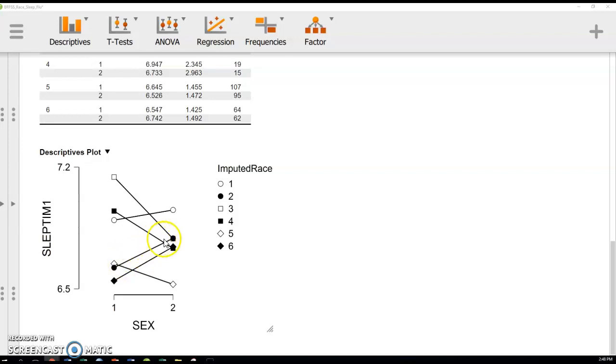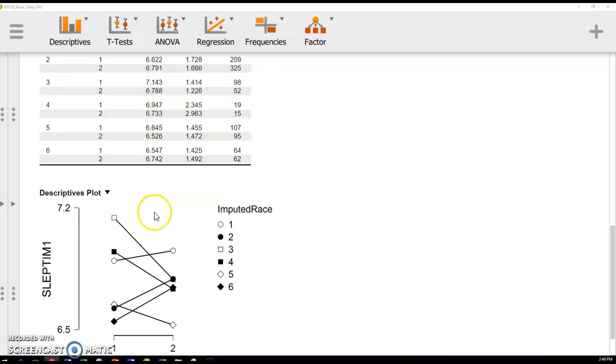And here's a case where I would say it depends, because if we're talking about males, this is the average amount of sleep for each of the races per night. So this is 3. This is the Asian group. Oh, those are the Asian males that we just looked at right up there.